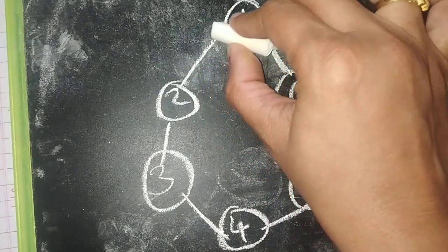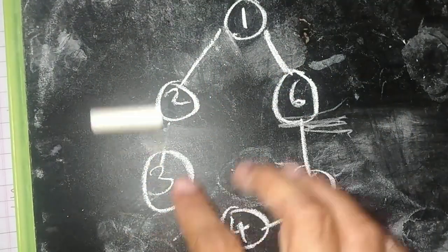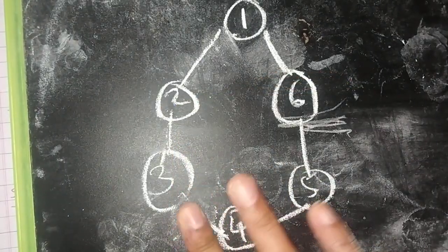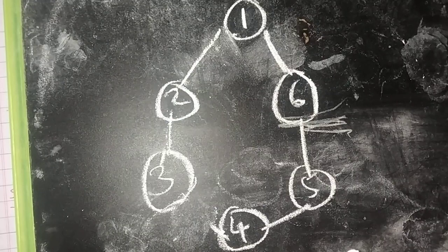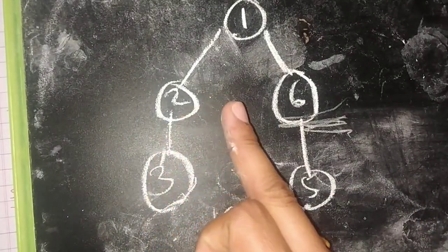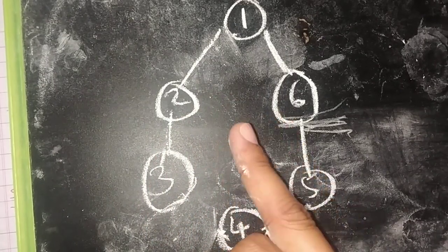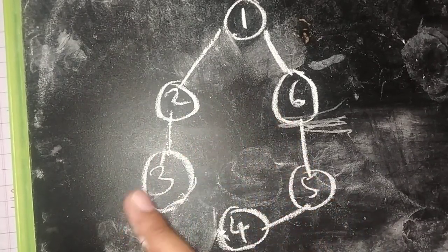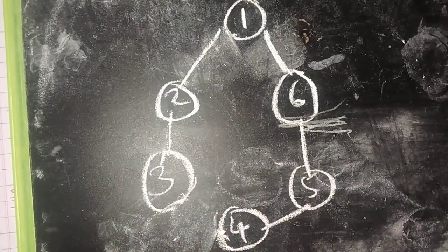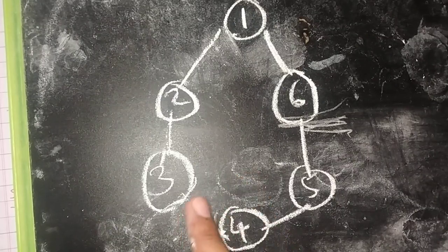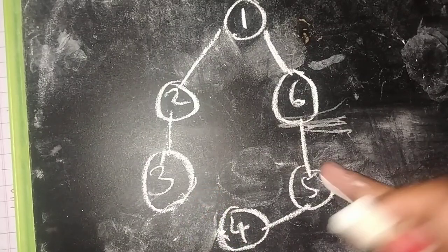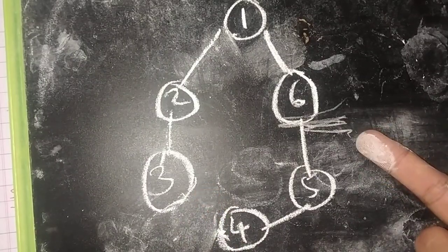You can take all the vertices of the main graph in a spanning tree, but in the edges you can't form a cycle. Understand? So this is a subgraph and it is a spanning tree of your main graph.